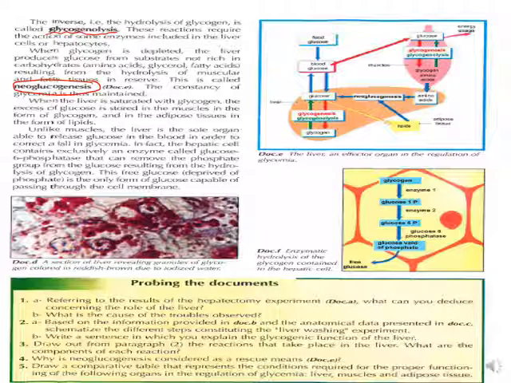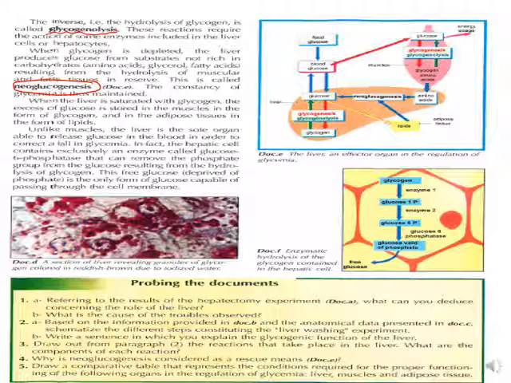When the liver is saturated with glycogen, the excess of glucose is stored in the muscle in the form of glycogen and in the adipose tissue in the form of lipids. Unlike muscles, the liver is the sole organ able to release glucose in blood in order to correct a fall in glycemia. In fact, the hepatic cell contains exclusively an enzyme called glucose 6-phosphatase.